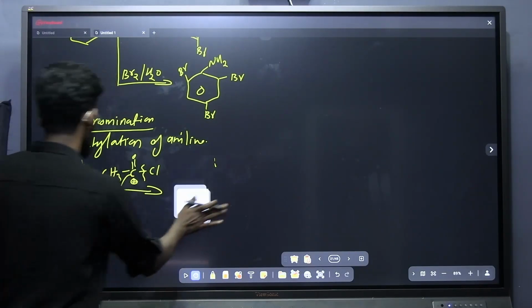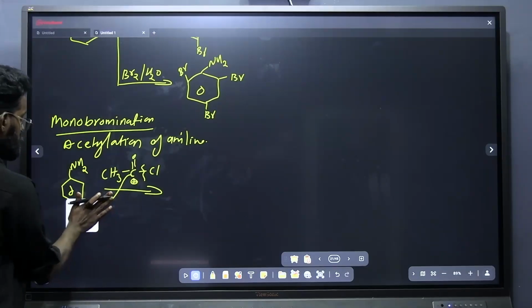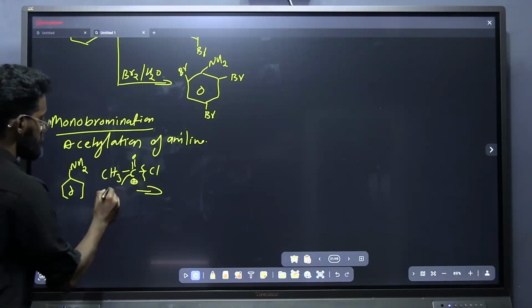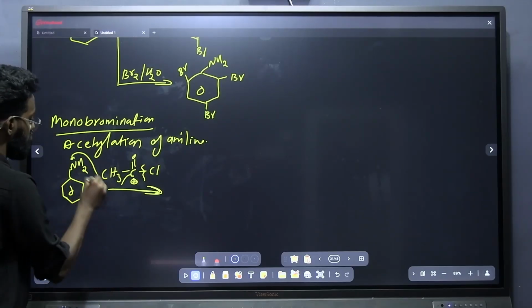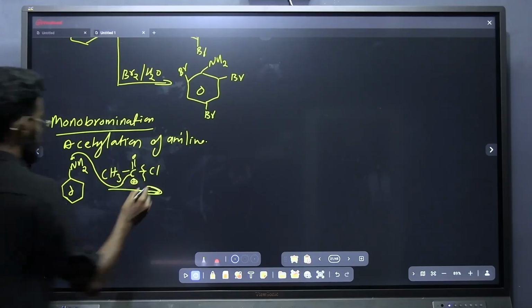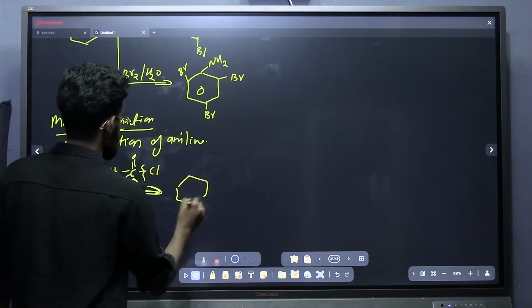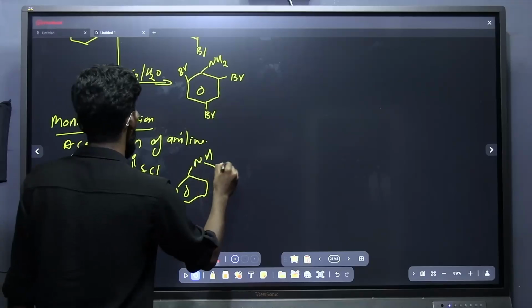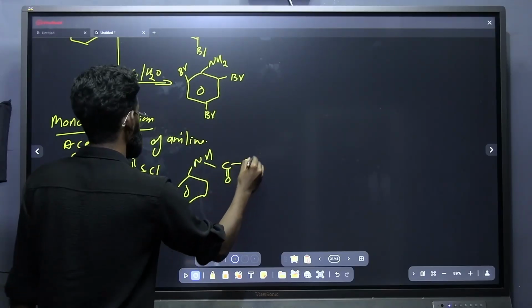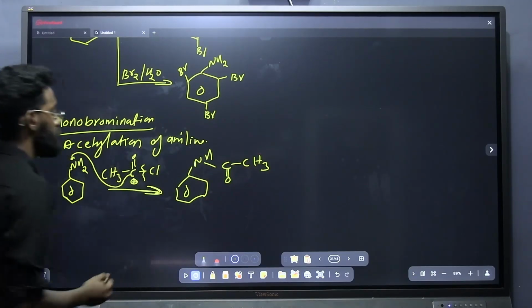In the acetylation process, there will be lone pair here, and the lone pair will be attaching on this carbocation and resulting in the formation of NHC double bond O CH3.